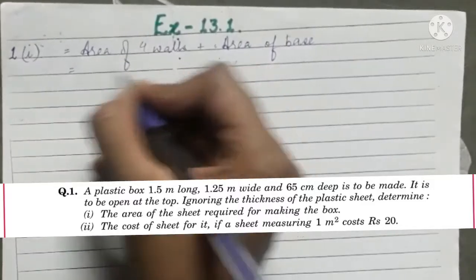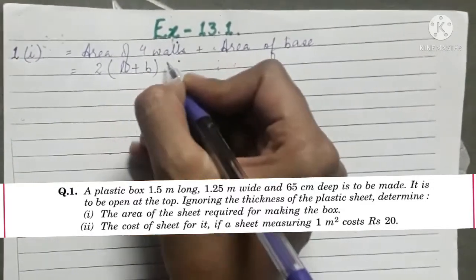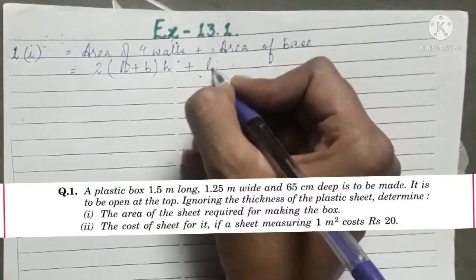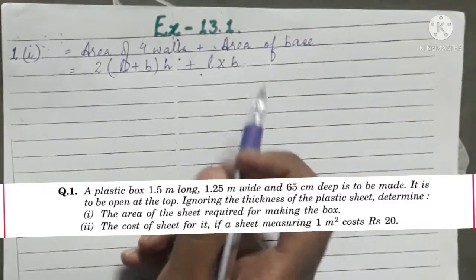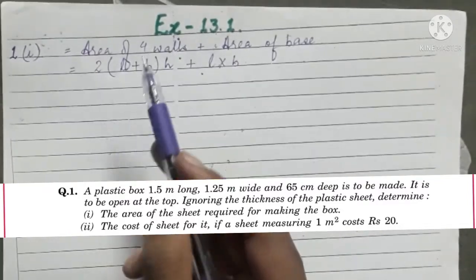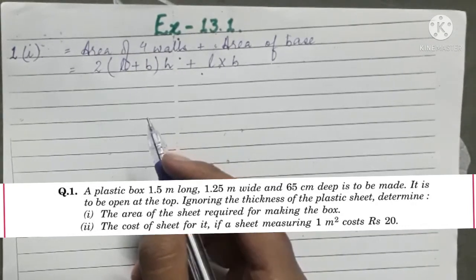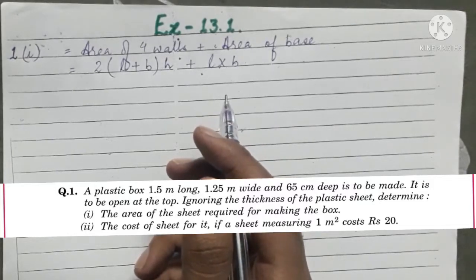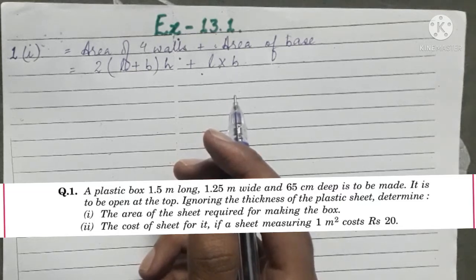The area of four walls is 2(L plus B) multiplied by height, plus area of base is length into breadth, L into B. So this is the required formula. Put all the values in this formula and you will get the answer. Don't forget to convert the height, which is given in centimeter, into meter. All the dimensions, length, breadth and height, should be in the same unit.